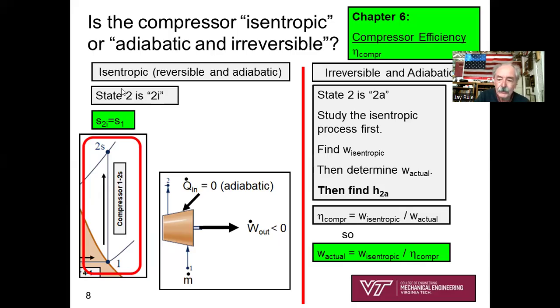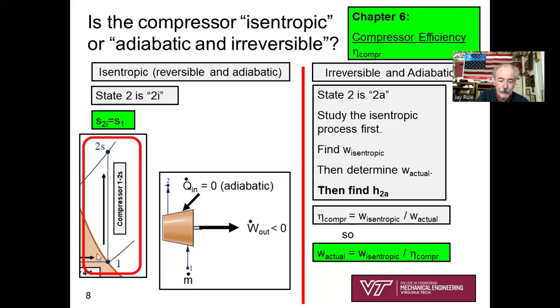What if we have, on the left-hand side, a reversible and adiabatic compressor, isentropic? Well, state 2 is going to be, I call it 2I, book calls it 2S. Certainly, you're going to say numerically S2I exactly equals S1. Let's see, what would I do? I would look up S1 as S sub G at the pressure P1.